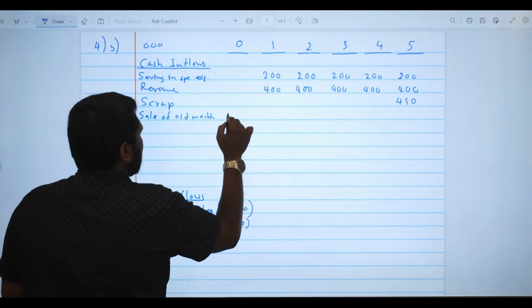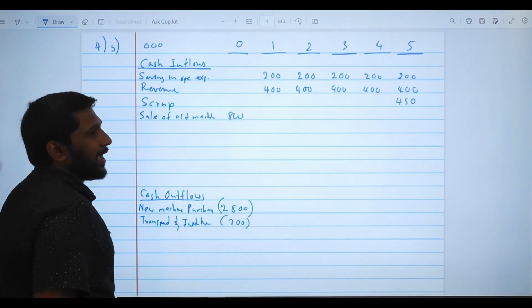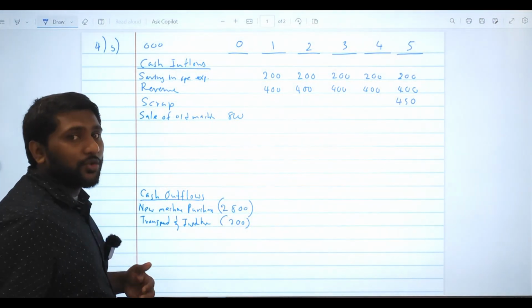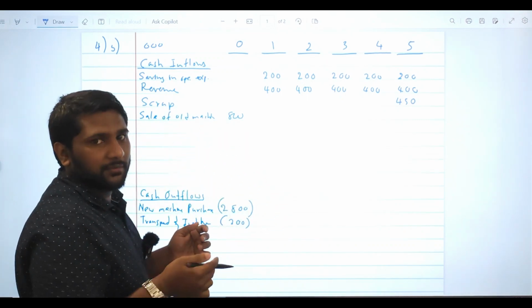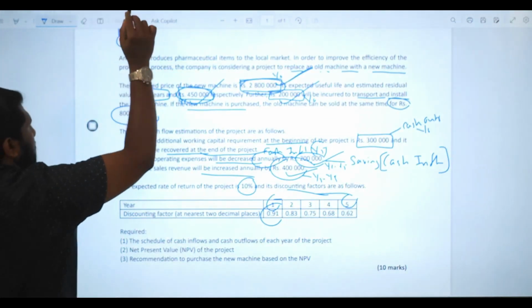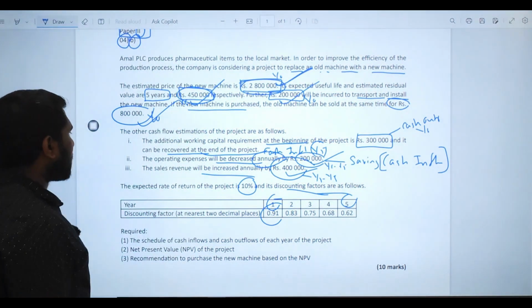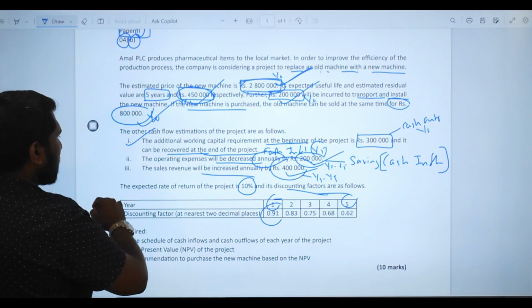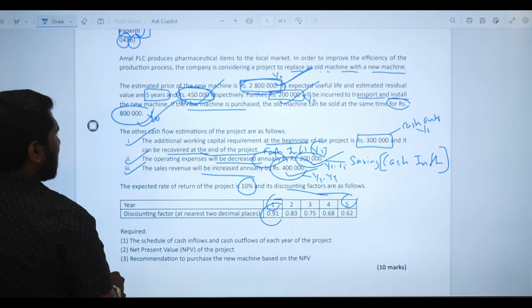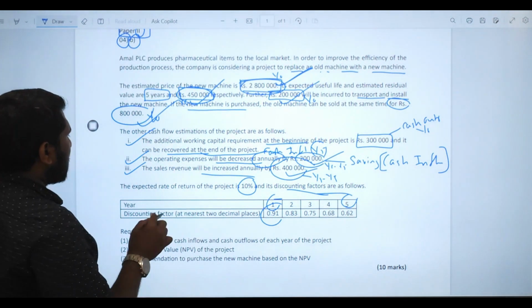I will get that money, 800. I will get it immediately today itself. Okay. So we are done with that one as well. This adjustment is done. This adjustment is done.